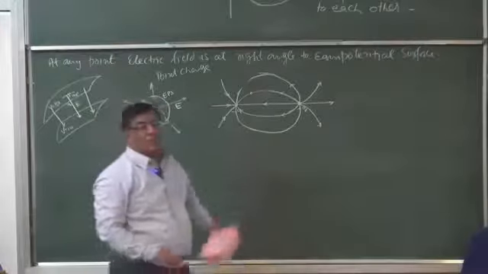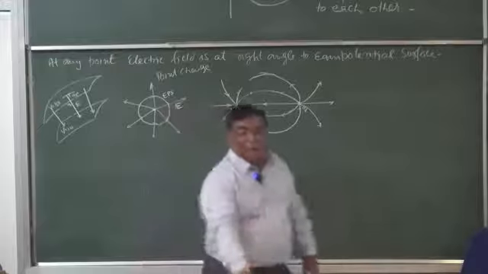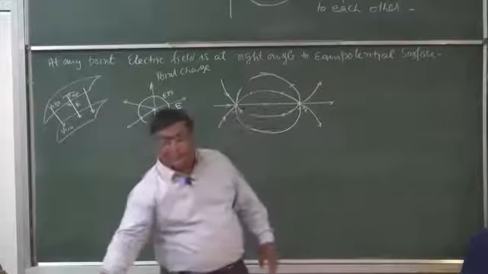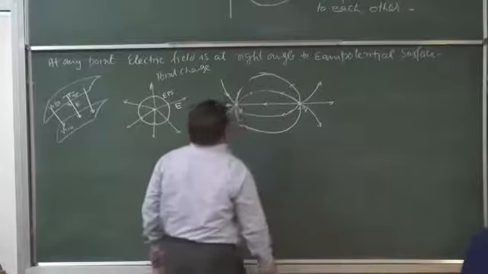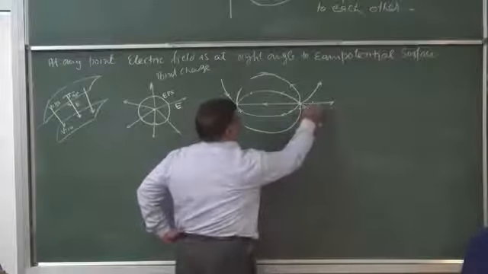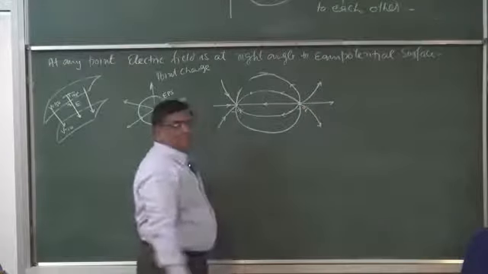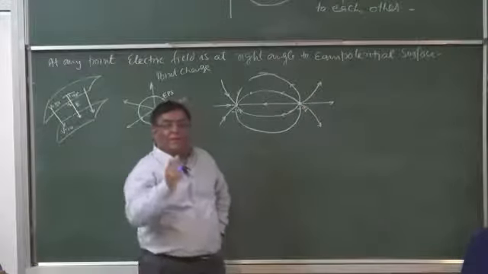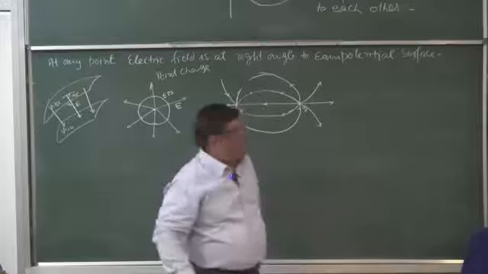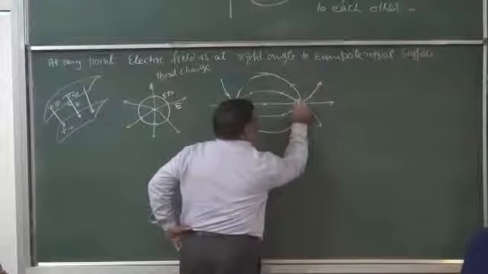These are electric field lines. Now we have to draw the equipotential surface. See here, plus, minus. 90 degree to this, 90 degree to this, 90 degree to this will be the equipotential surface.